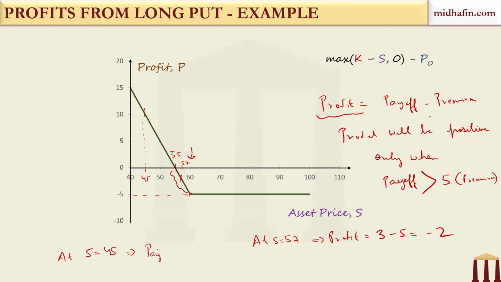What is the payoff? 15, very good. So what is the profit? 10, exactly. Profit is now payoff minus the premium, which is equal to 10. Very clearly, it is 10 in this case. So the alignment and the nature of the diagram has been drawn perfectly. Is the idea clear?